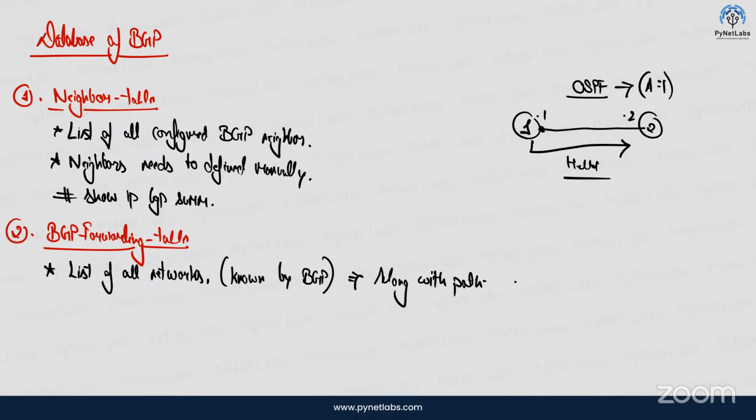Because BGP is a path vector protocol, it is definitely going to carry the path information.